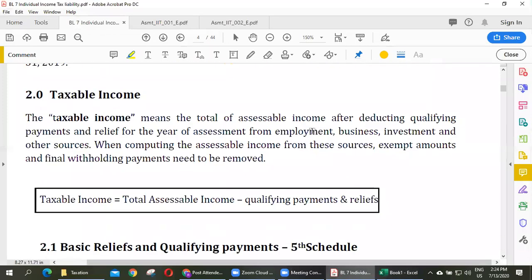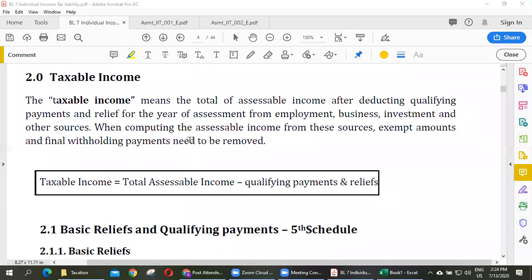Now we will see the taxable income. The taxable income means the total of assessable income. The important term here is assessable income.